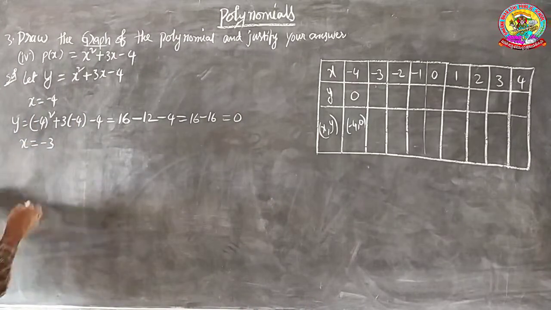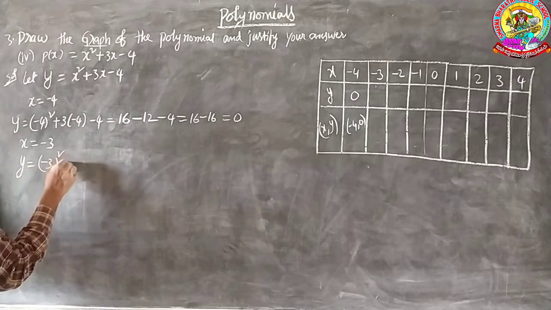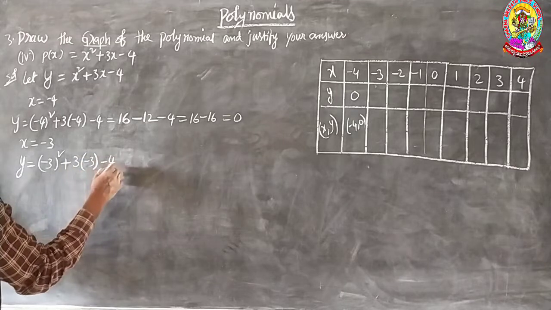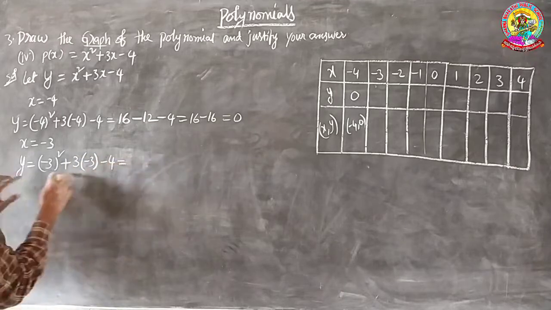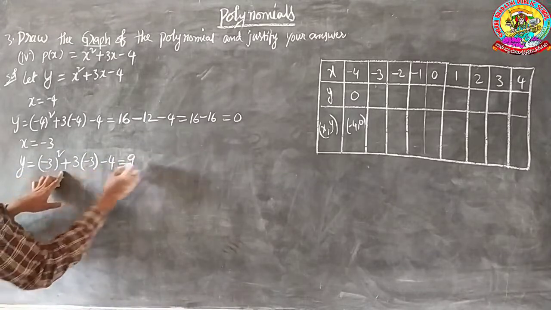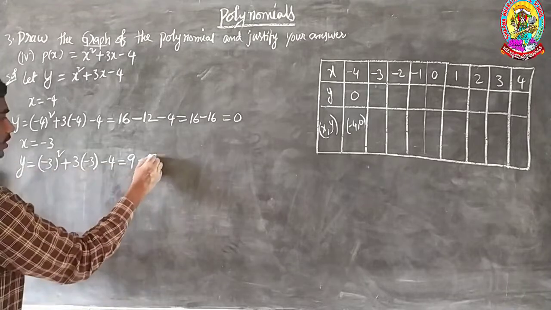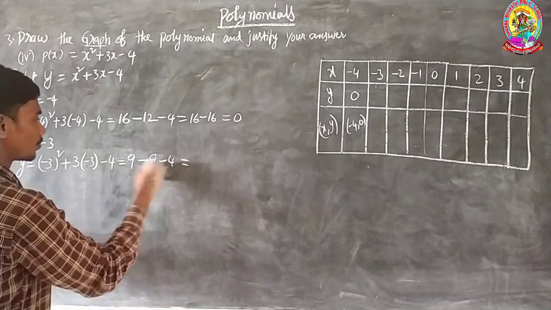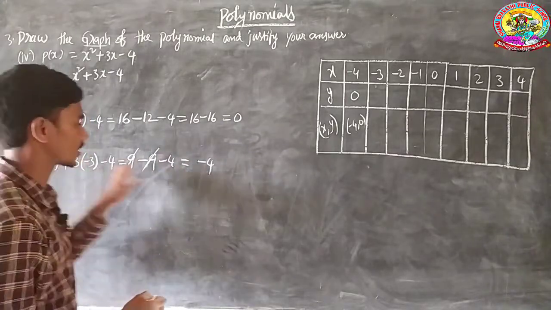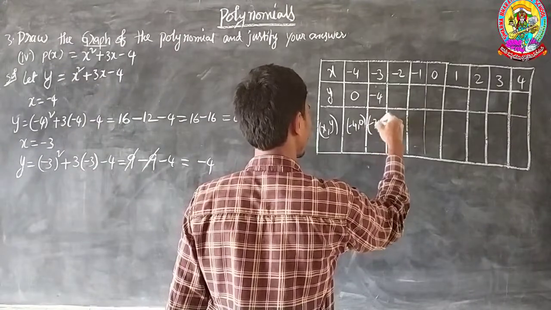What will happen? Y is equal to minus 3 whole square plus 3 into minus 3 minus 4, which is equal to minus 3 whole square becomes 9, plus into minus gives minus, 3 3s are 9, minus 4. Plus 9 minus 9 cancels, minus 4, which means at minus 3, you have to give minus 3 comma minus 4.